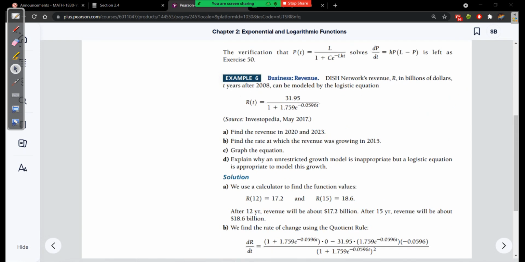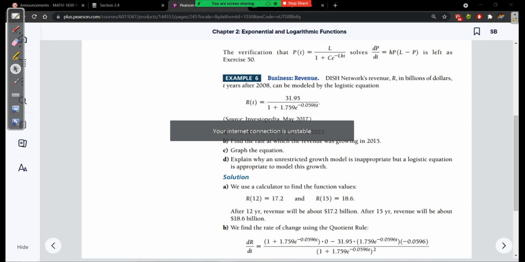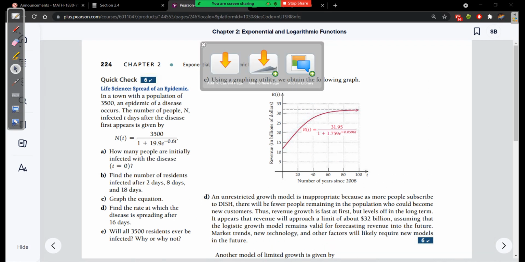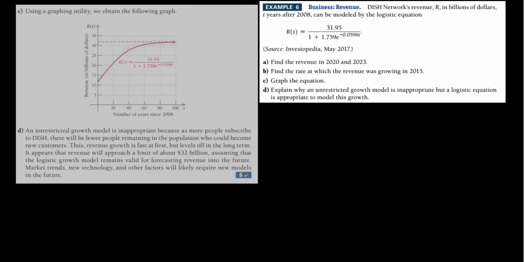I meant to snip this. So we just did B. We're just going to snip the graph, and we're also going to snip the explanation. Alrighty.